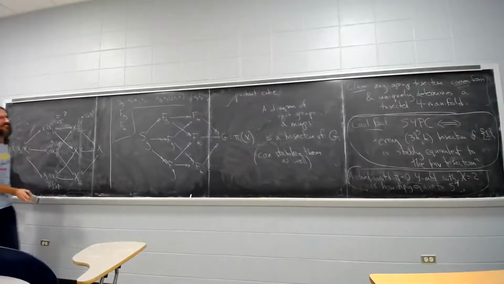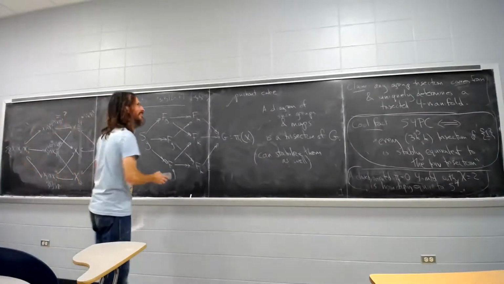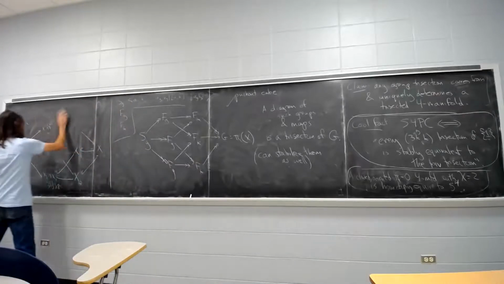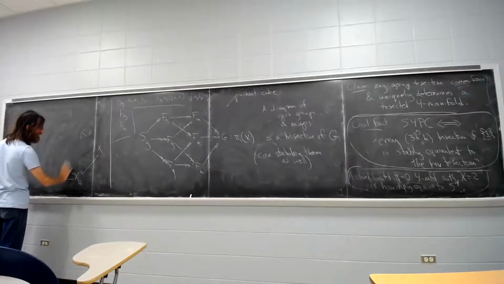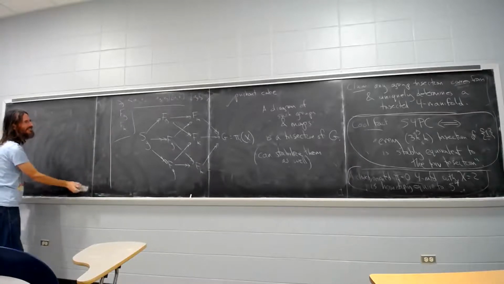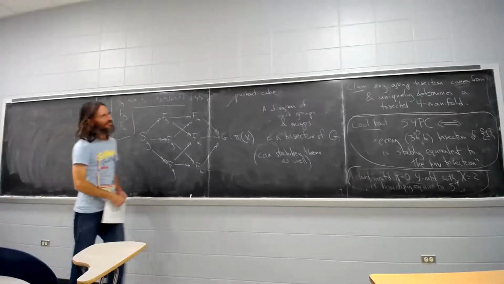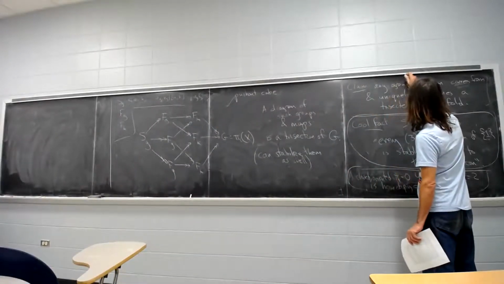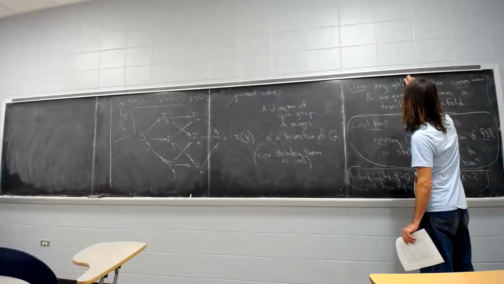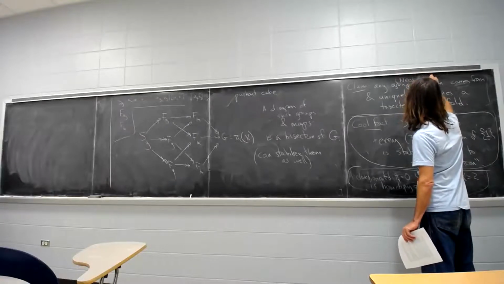And the other thing that's cool, so let me sketch it. I think one of the nicest things about this is that this fact here needs the three-dimensional Poincare conjecture.